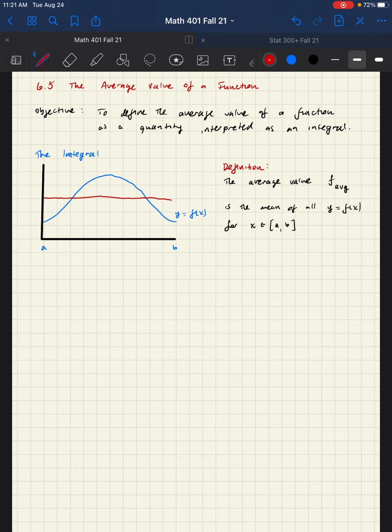So over that entire interval, we're talking about the average value. And so that might be the average value for this particular function.